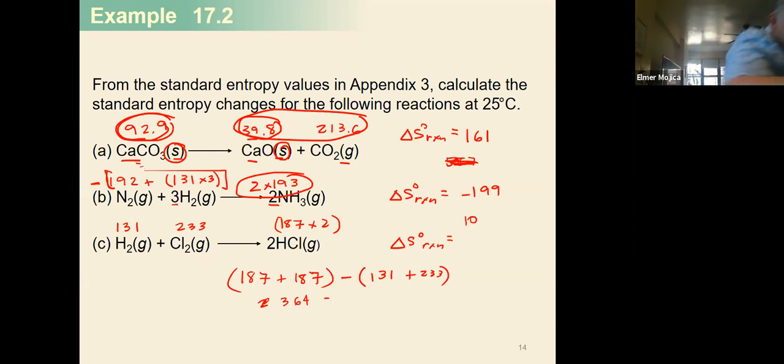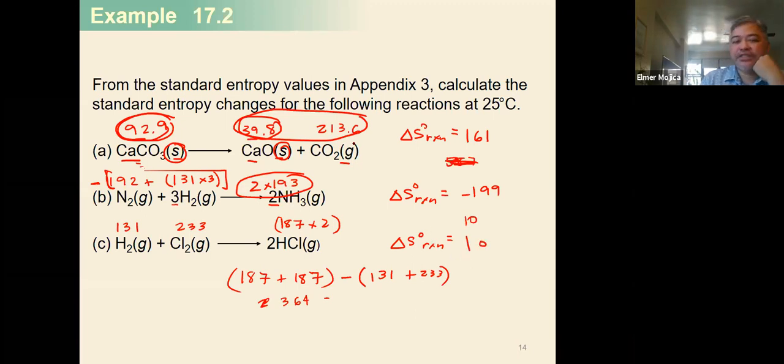Just want to make sure: 187 times 2 minus 131 minus 233. So you got 10.